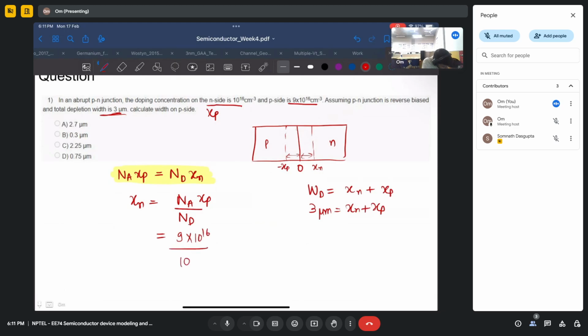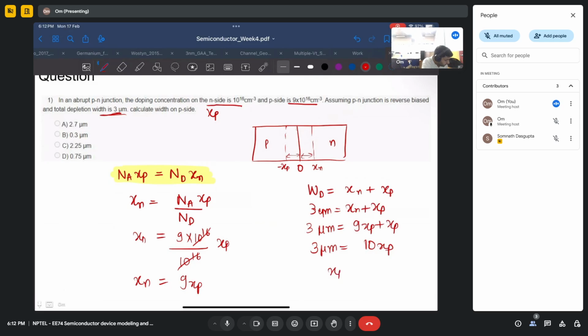Nd is 10 to the power 16. And Xp, this gives me Xn is, this 10 to the power 16 will cancel, this is 9 Xp. And if I substitute it here, then 3 micrometer equals 9 Xp plus Xp. 3 micrometer is 10 Xp. Xp is 0.3 micrometer.